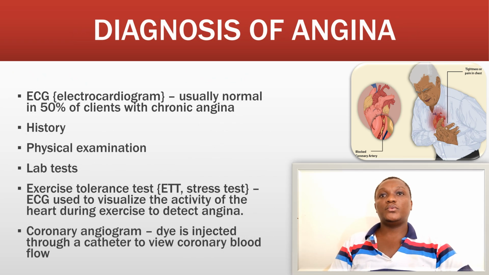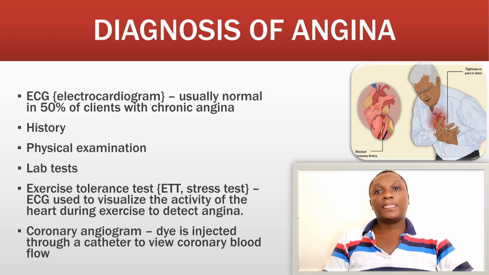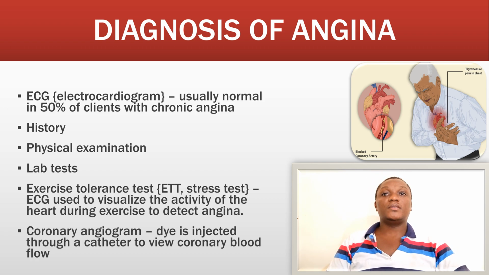Now we continue with the diagnosis of angina. How do we diagnose angina? Number one, we do an ECG, an electrocardiogram, and this is usually normal in 50% of clients with chronic angina. We also diagnose angina through history and physical examinations. There are lab tests that you can also do to diagnose angina.